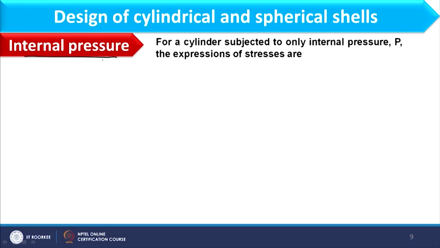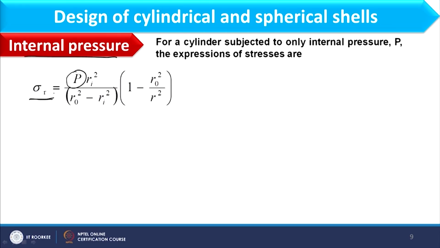So, in that case Po will be 0, and we put Po equal to 0 in this equation and then further resolve it. So, when I am considering internal pressure only, external pressure would be equal to 0, as I have already mentioned. So, putting Po equal to 0 and Pi equal to P, we can have the expressions for sigma r as well as sigma theta.